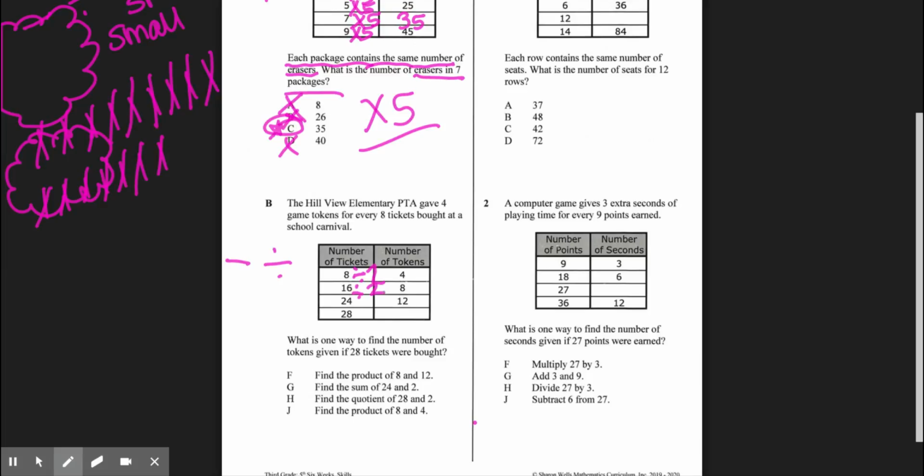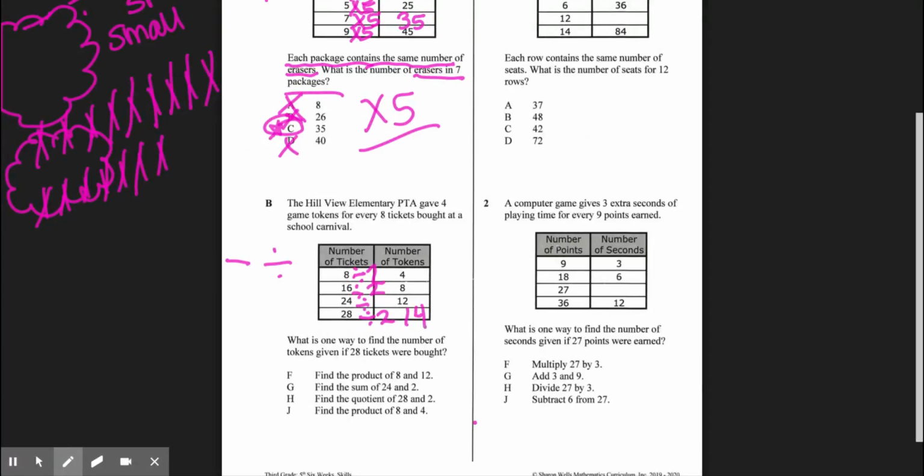Oh, that gives us 8. 24 divided by 2. It's like splitting it in half. 24 divided by 2. That gives us 12. So let's do that with 28. 28 divided by 2. So it's kind of like splitting it in half. So if we split 28 in half, that's going to give us 14.